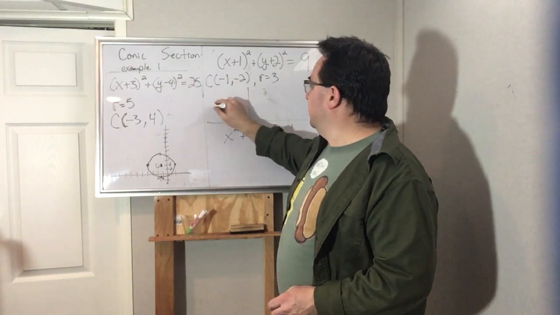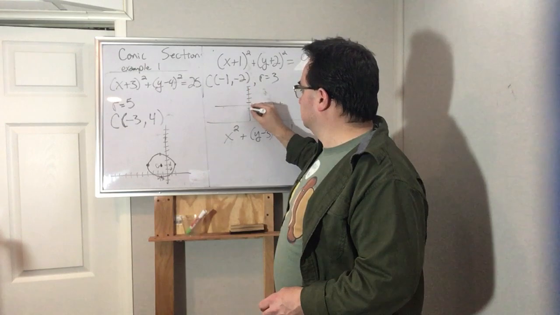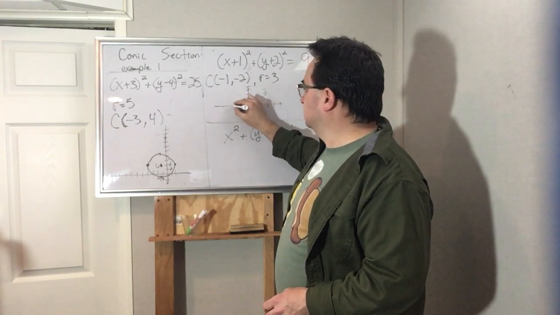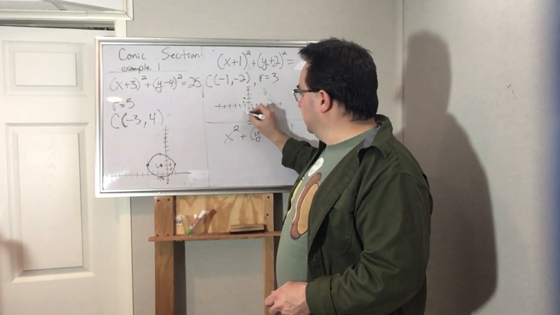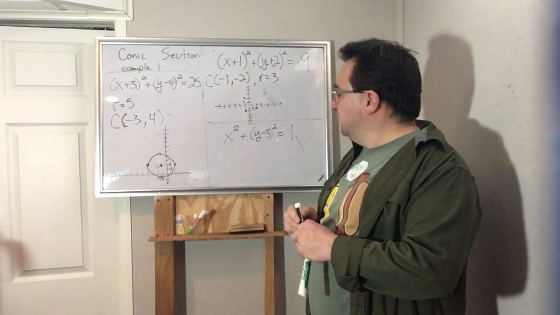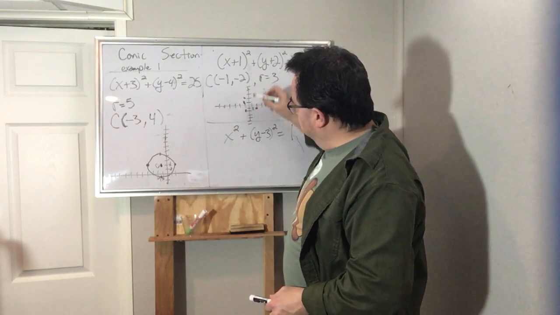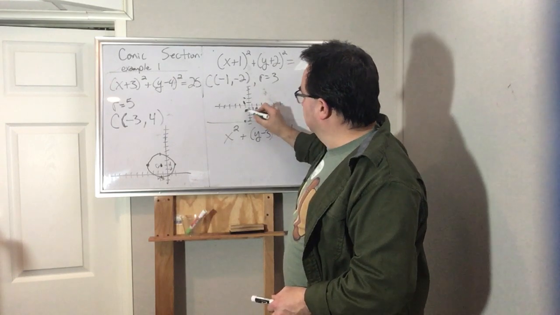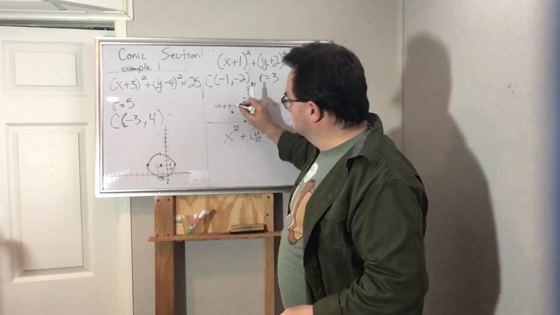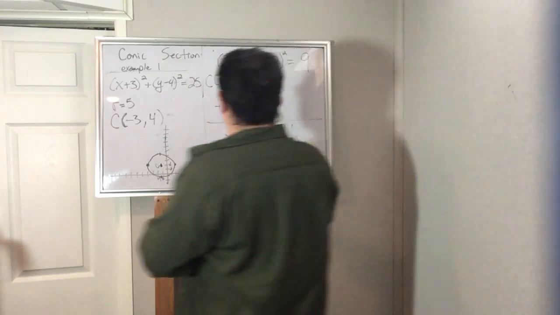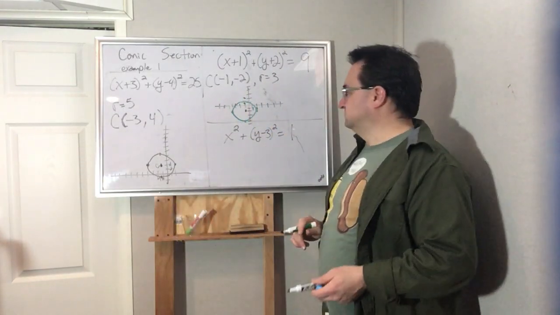So if I put this on a graph, I have to go back 1, down 2. That's my center. And then for the radius, I'm going to go up 3, 1, 2, 3, down 1, 2, 3, left 1, 2, 3, right 1, 2, 3.